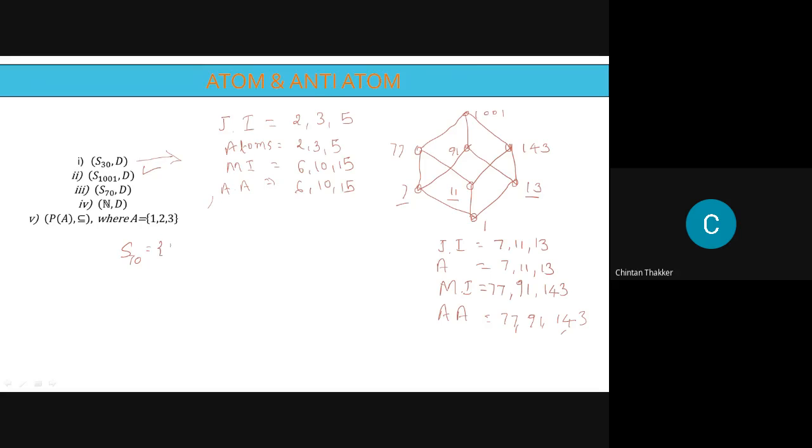S70 has elements 1, 2, 5, 7, 10, 14, 35, 20.